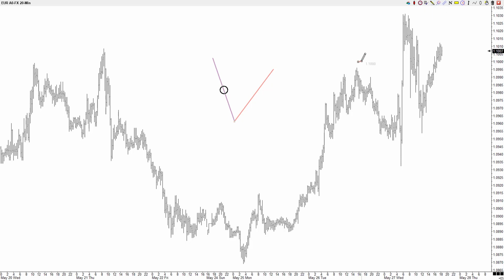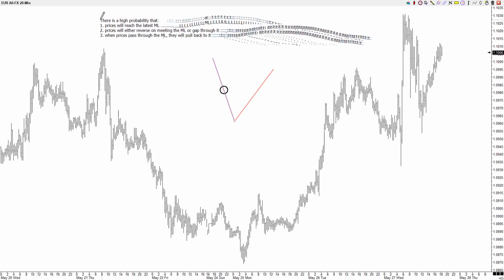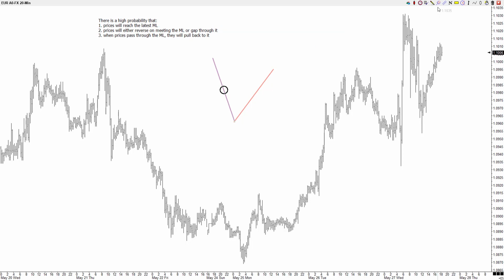Remember Andrews' first rule? There's a high probability price will reach the latest median line. So what you're doing is taking that first rule, saying, oh, price reached the median line, and you're going to connect this center to that. So that's how it gets anchored. So it's a reverse median line.